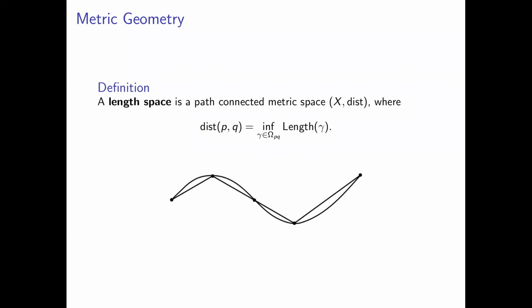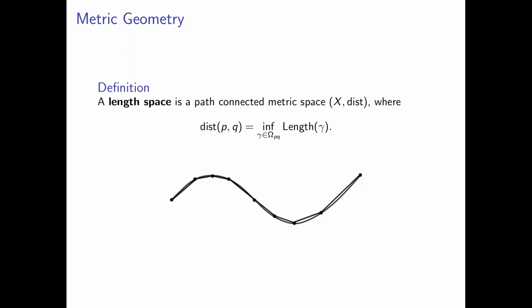Here is a picture in the Euclidean plane, where the distance between 2 points is just the length of this straight segment. Then you take finer and finer partitions, and you take the supremum of all these sums of lengths of straight lines, and that gives you the length. So these are length spaces.